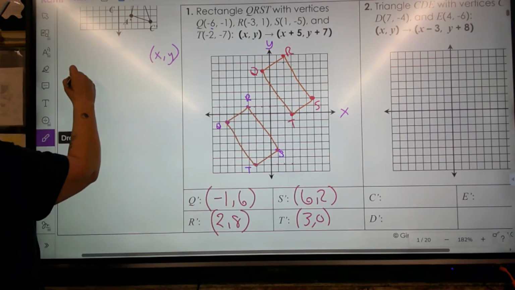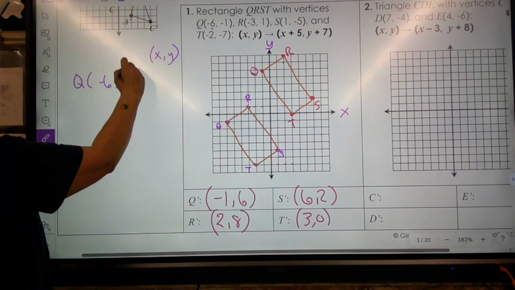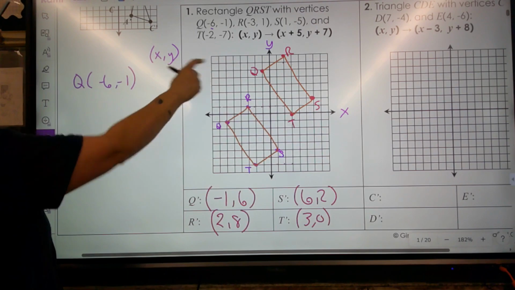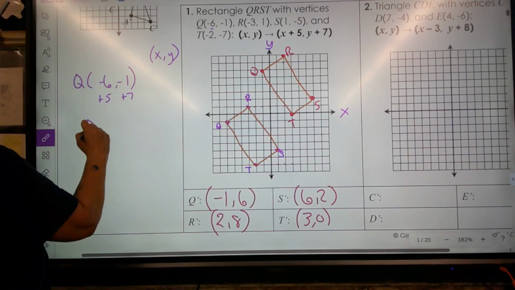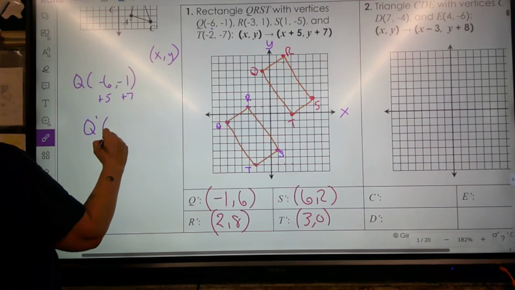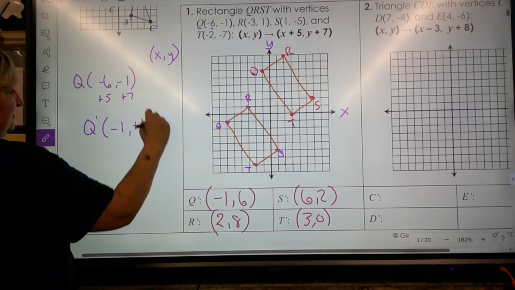If Q is (-6, -1), and we're adding 5 and adding 7, then Q prime is (-1, 6).